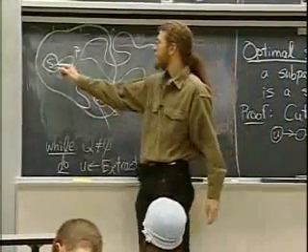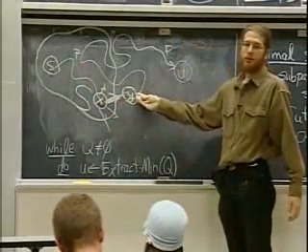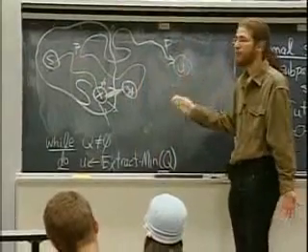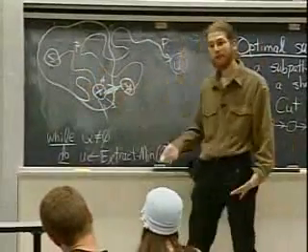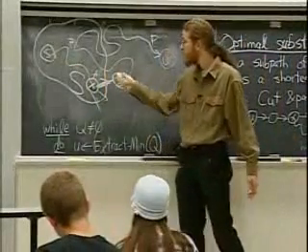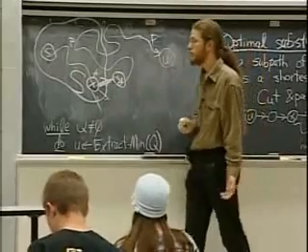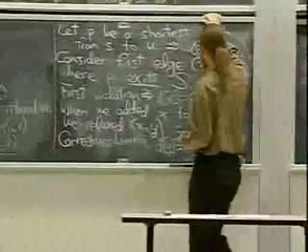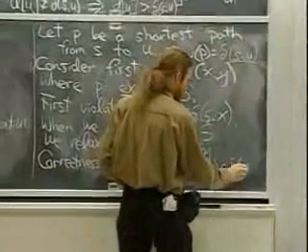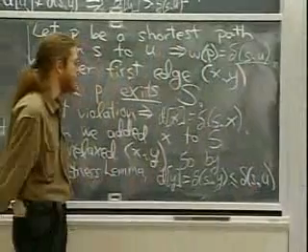But what do we know about this shortest path from s to y? Well, it could only be shorter than from s to u, because it's a subpath of a shortest path. The shortest path from s to y has to be less than or equal to the shortest path from s to u. Okay, s to y less than or equal to s to u, just because it's a subpath.